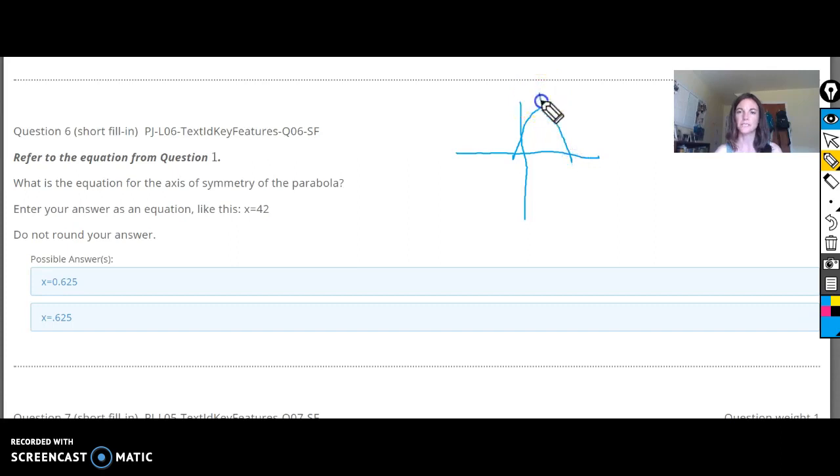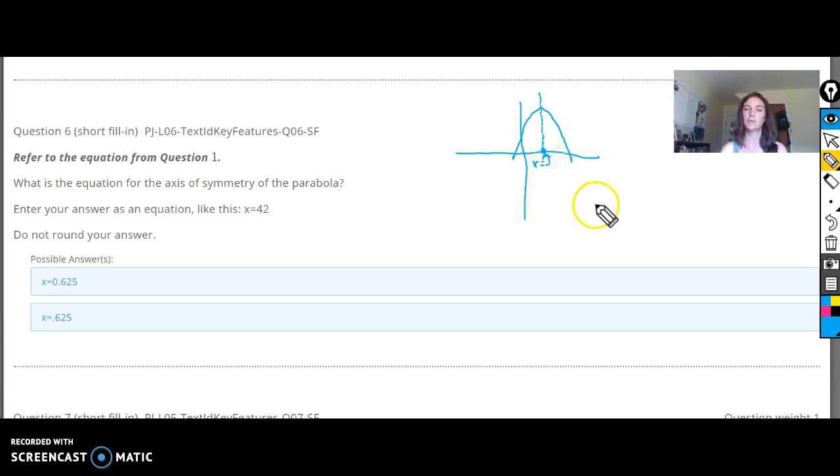And then we talked about the fact that they were symmetrical. Okay. The equation for the axis of symmetry is x equals whatever value that is. That is a line that we're coming up with the equation for, that the parabola could fold in half over and it would be perfectly symmetrical.